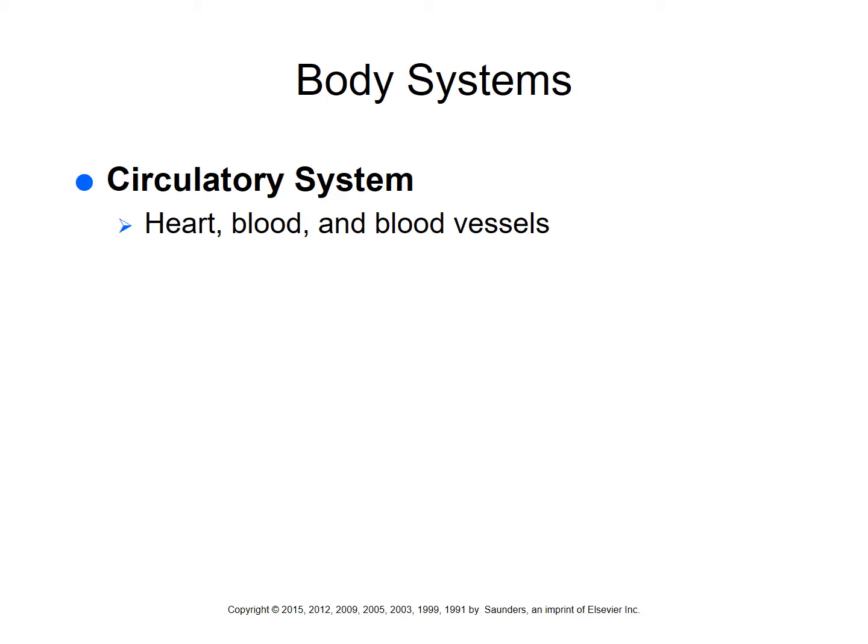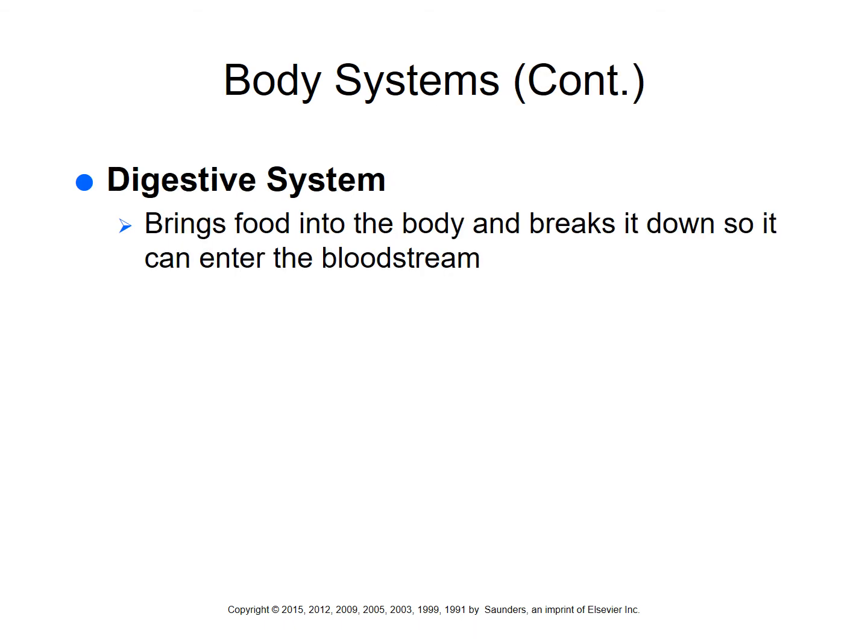Our first body system is the circulatory system, which includes our heart, blood vessels, and the blood itself. The digestive system is going to bring food into the body and break it down so that it can enter the bloodstream.